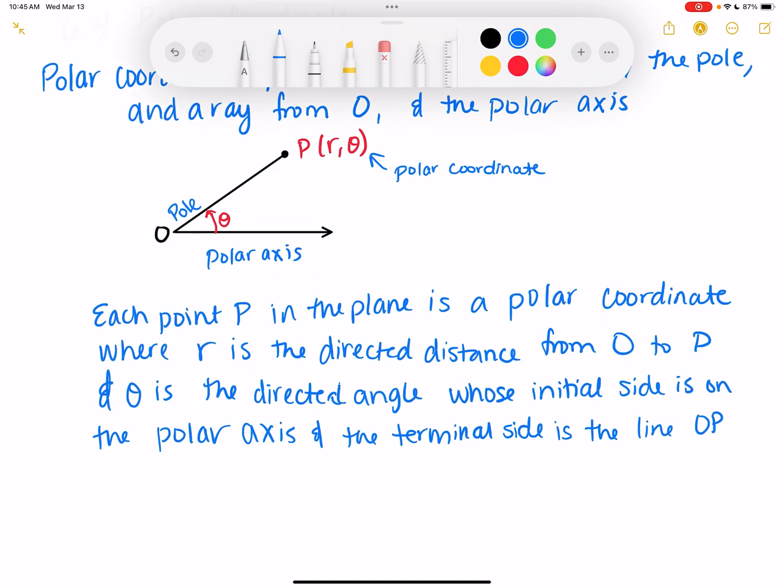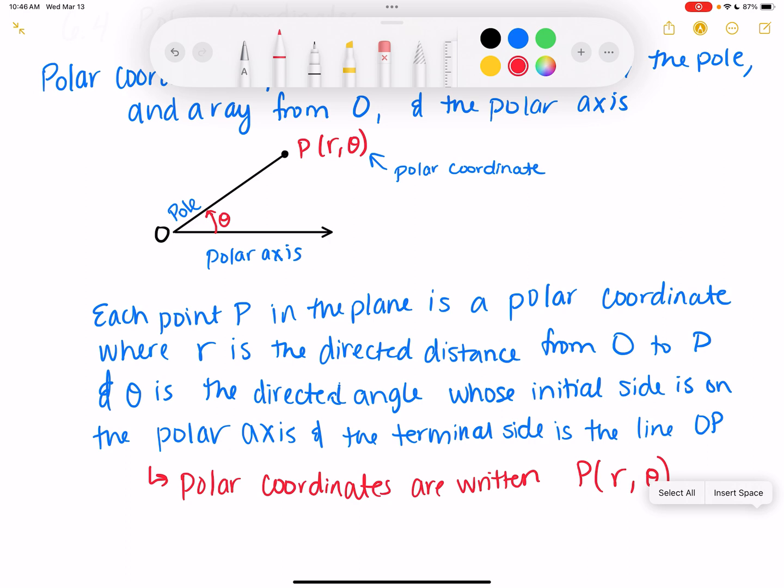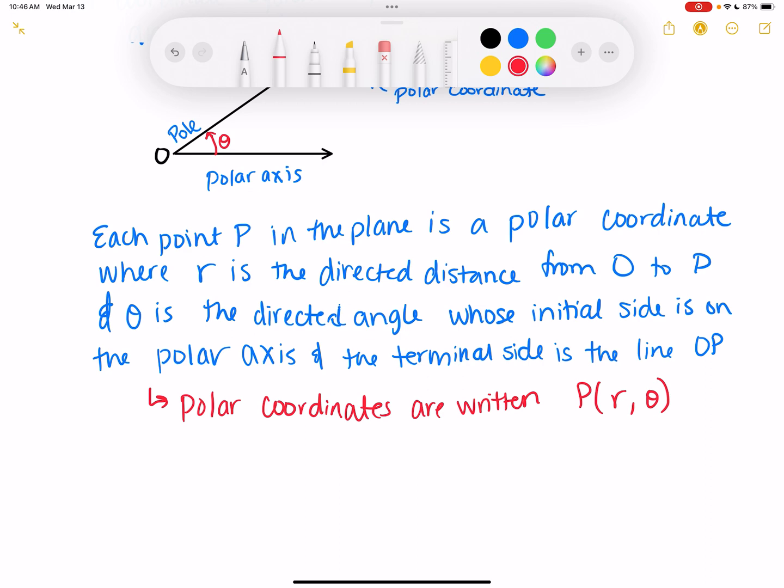Polar coordinates are written as (r, theta). And P doesn't necessarily have to be the letter P. It could be any letter.